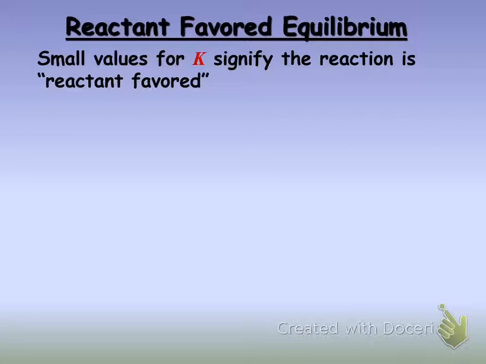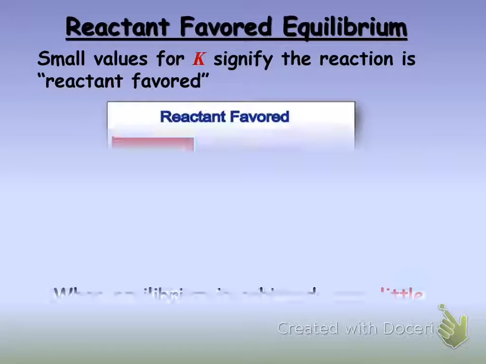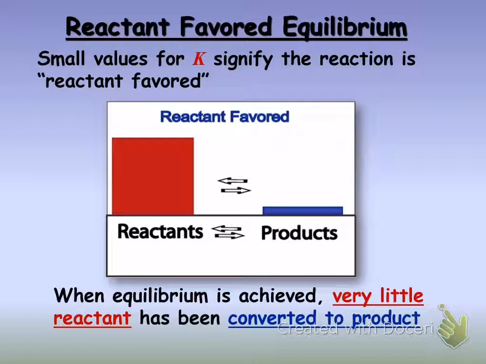How about a small K? How about a very small K? What does that mean if something has a very small K? What can we say with relation to how it reacts?